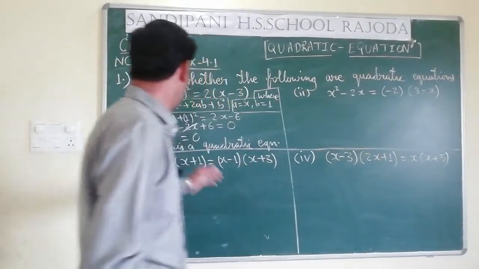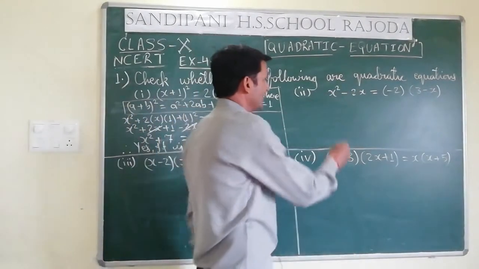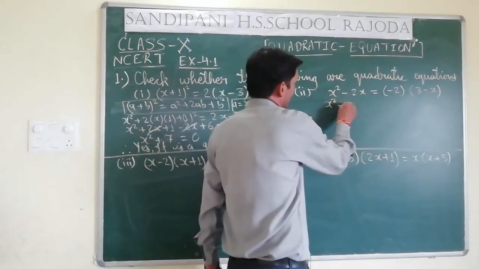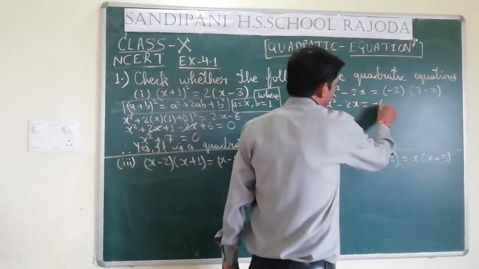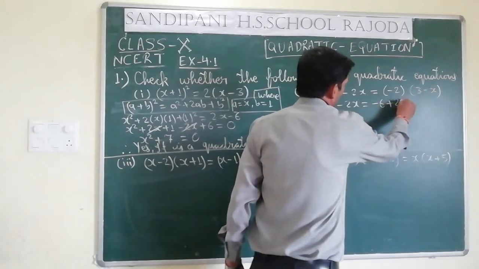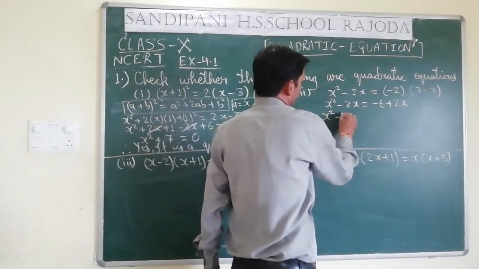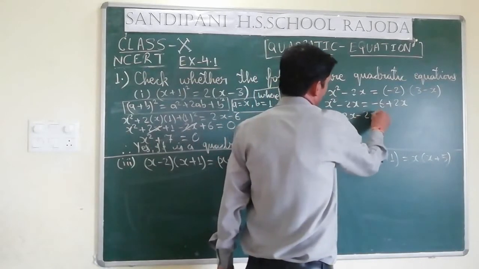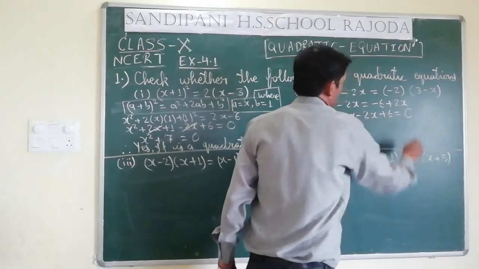Now, the second part: x square minus 2x is equal to minus 2 into 3 minus x. So, it will be x square minus 2x is equal to minus 6 plus 2x. Now, x square minus 2x minus 2x, and this negative 6 will become positive 6, is equal to 0. You must always remember these things.